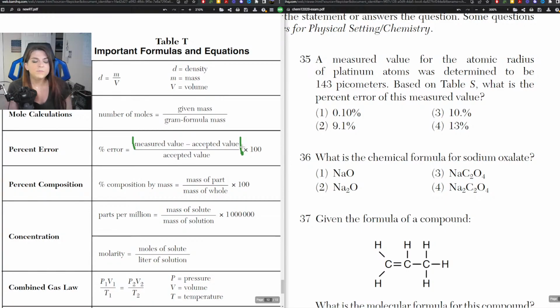On the percent error, a positive percent error means that your answer was bigger than the accepted value, and a negative percent error means that your answer was under the accepted value. So that's technically an absolute value, because we only ever report percent error as a positive. They don't put it on the reference table, and it's like the most frustrating thing. So that's just something to look out for.